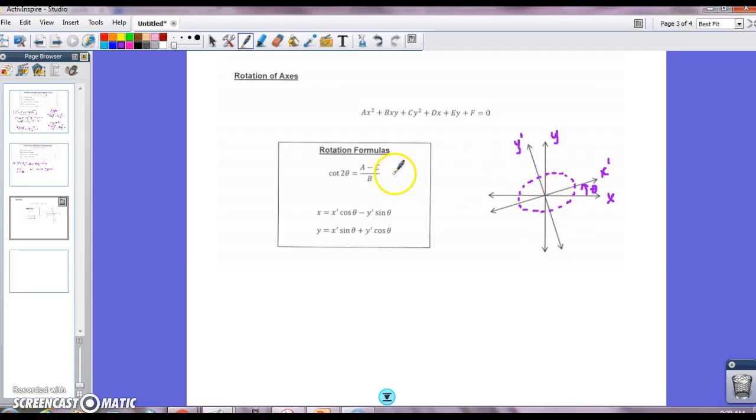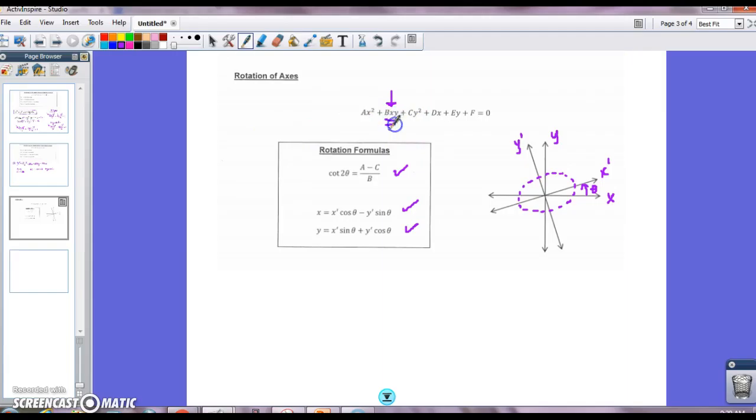We are going to use these formulas in order to take our new equation and rewrite it into a form that we're more familiar with, into the form of all the other conic sections that we've been working with. If you notice here, this is where that B term comes in, because if we have this Bxy, we didn't have that before.